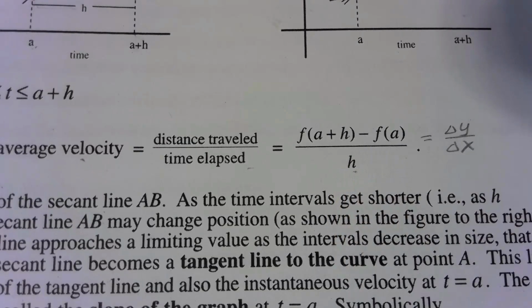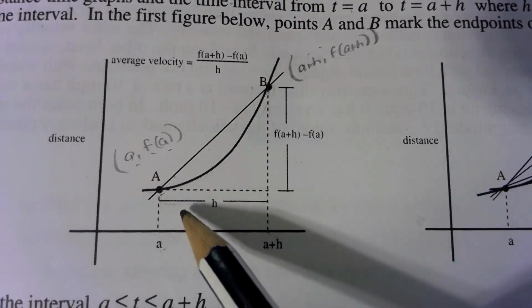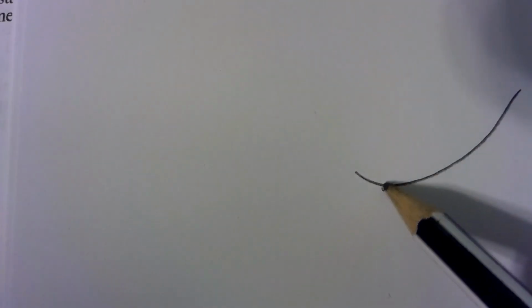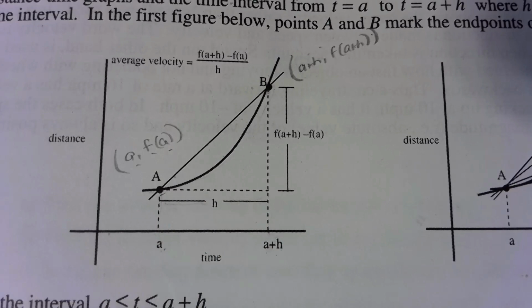And the other thing is that these points here look really far away from each other, but you have to imagine that that's zoomed in, and on that curve, A and B are that close to each other. So it's zoomed in and we're looking at this little tiny distance in between them. And that little tiny distance in between them is called h.